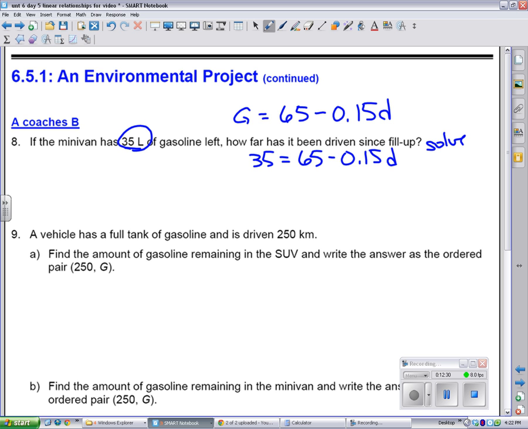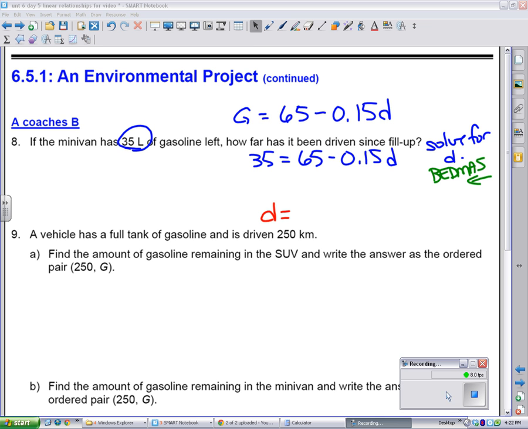So this is solve for D. This is where I need to do BEDMAS backwards. And when I do that, or SAMDEB, then I will wind up with a value of D equals 200. So D is equal to 200 if there's 35 liters of gas remaining. So that's the kind of solving equations we have done recently.